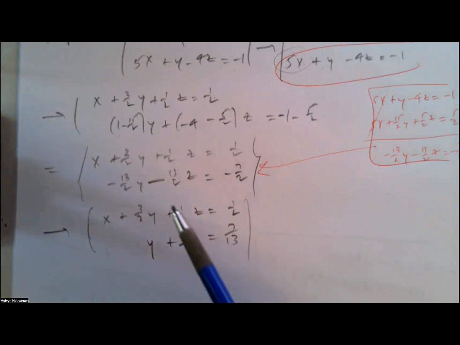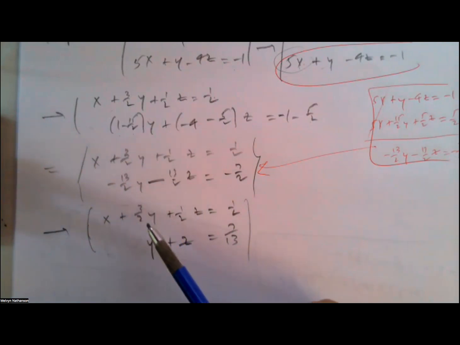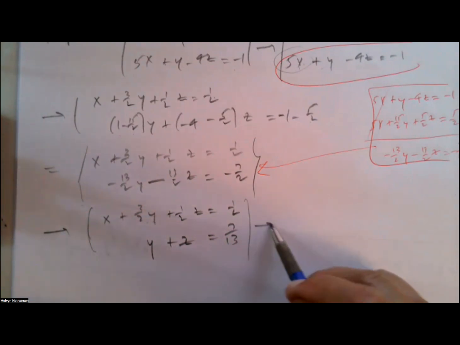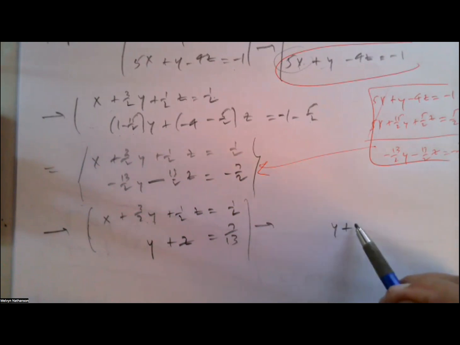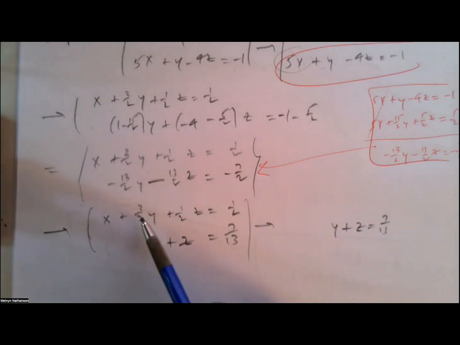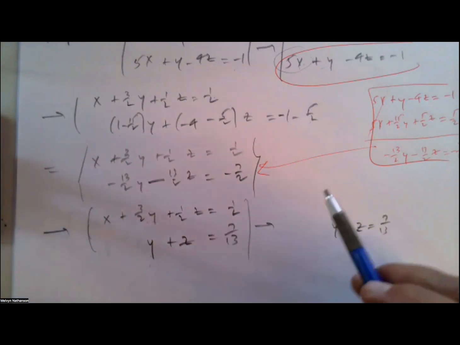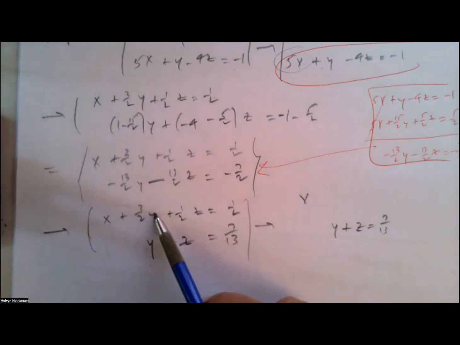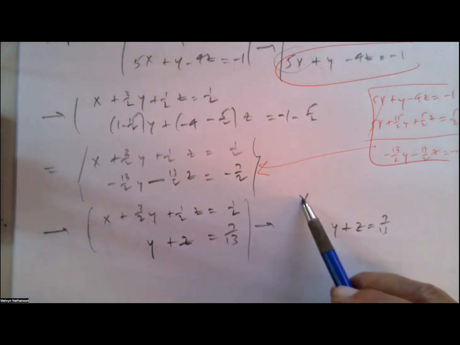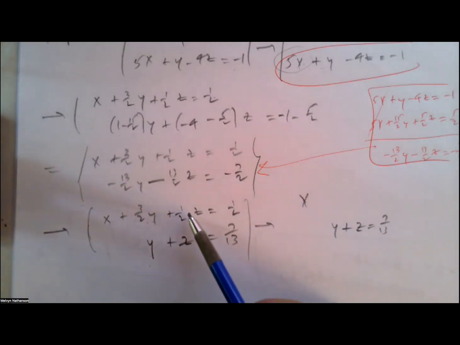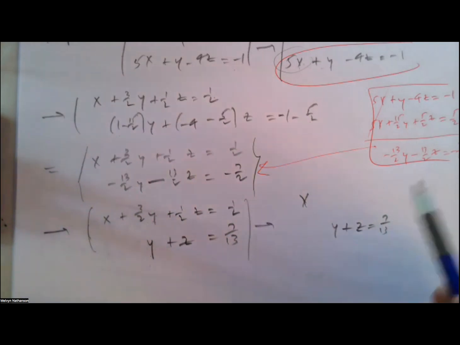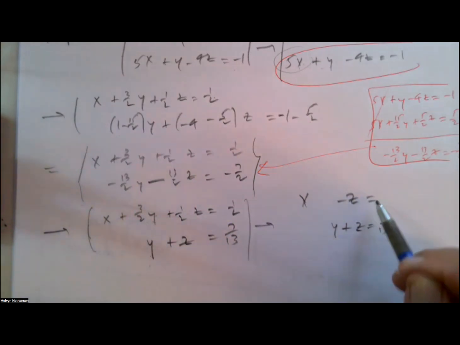But now I can eliminate y from the first equation. My second equation is y plus z equals 7/13. If I take the first equation and subtract 3/2 times the second, I get x, 3/2 y minus 3/2 y is 0 y, and 1/2 z minus 3/2 z is minus z.